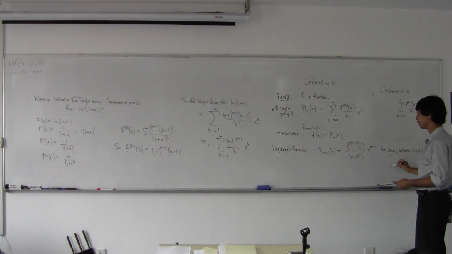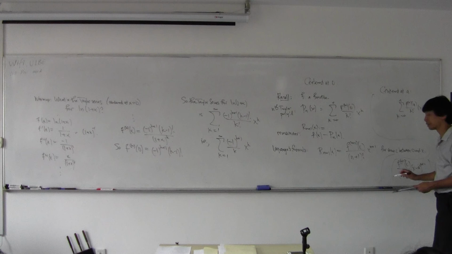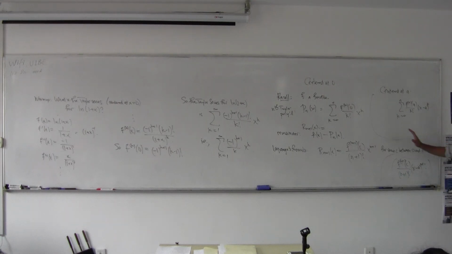And down here you would get f^(n+1)(c) over n plus 1 factorial times x minus a to the n plus 1. But anyway, for simplicity, we're going to stick with the centered at 0.